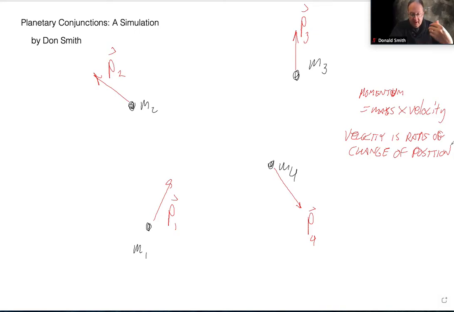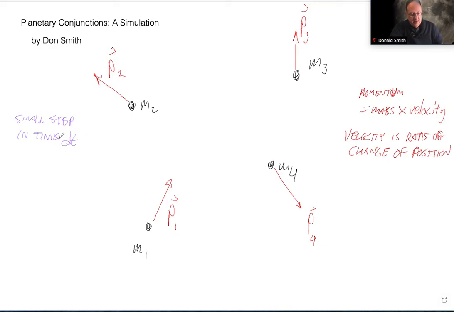So if I take a small step in time, and let's call that dt. So dt might be a second, it might be a millisecond. It's a small step.